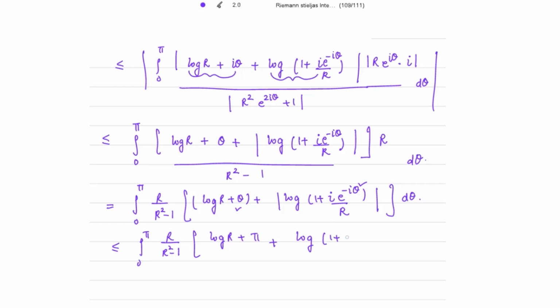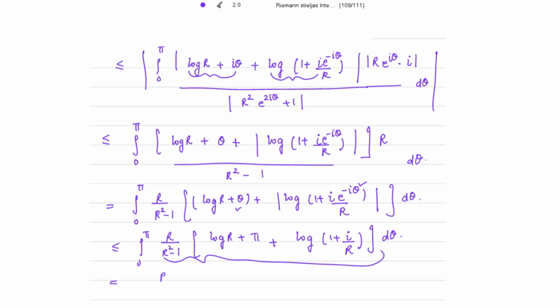So this is 1 plus iota. Now e to the power negative iota times 0 is e to the power 0, which is equal to 1. Then this is d theta. After that, this is equal to, okay, just multiply this r with log of r. Just watch the complete function.